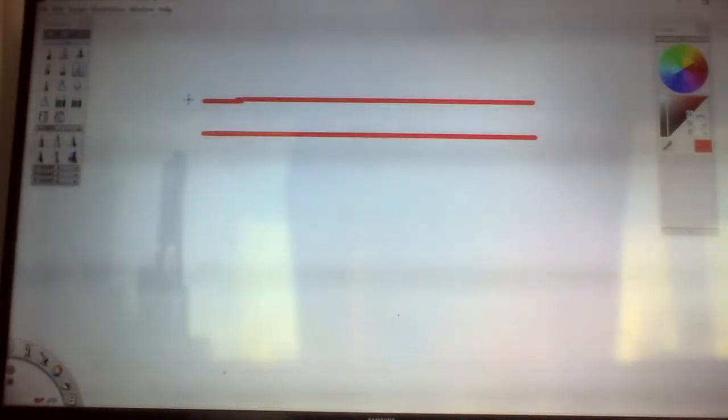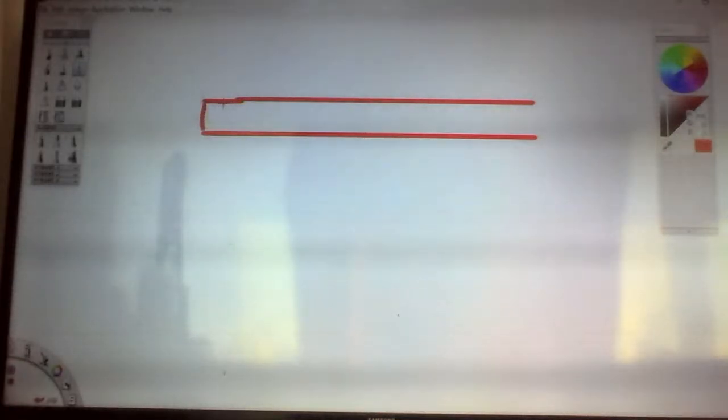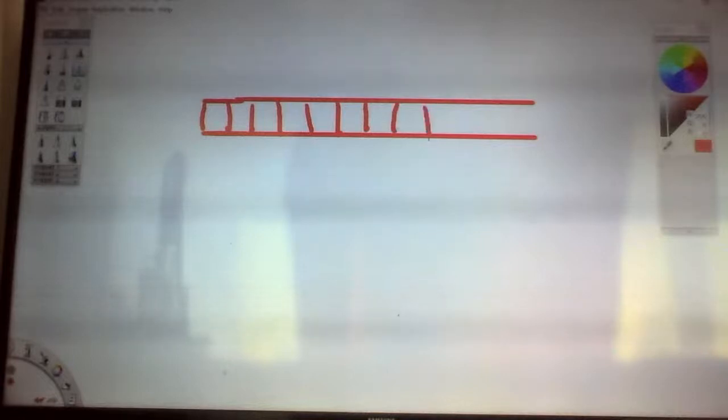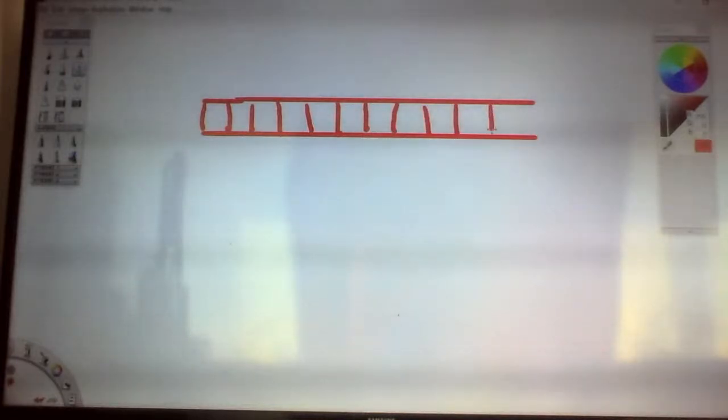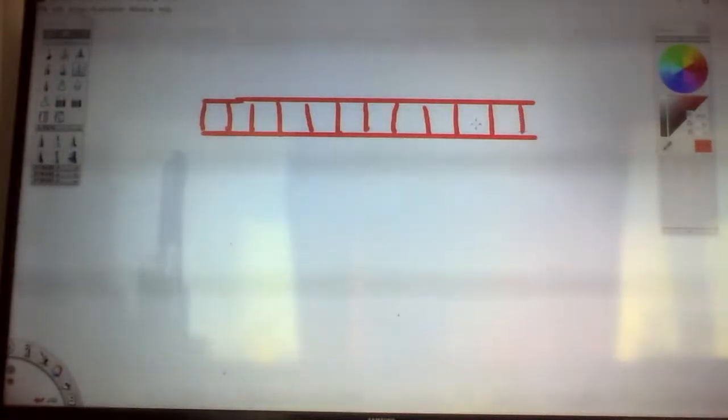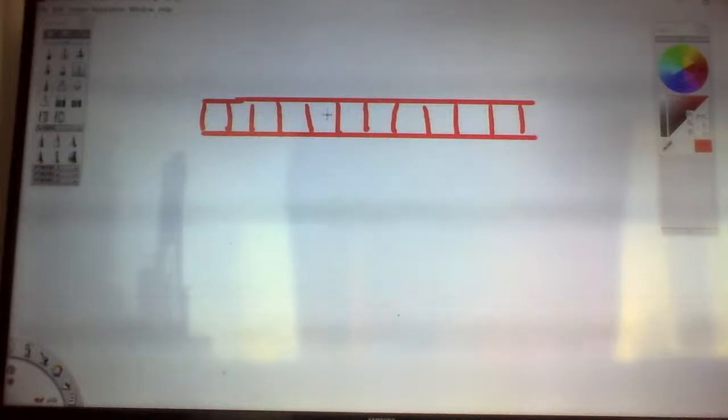But it's got a different pattern. Same sort of number of squares, but different pattern. 1, 2, 3, 4, 5, 6, 7, 8, 9, 10, 11.